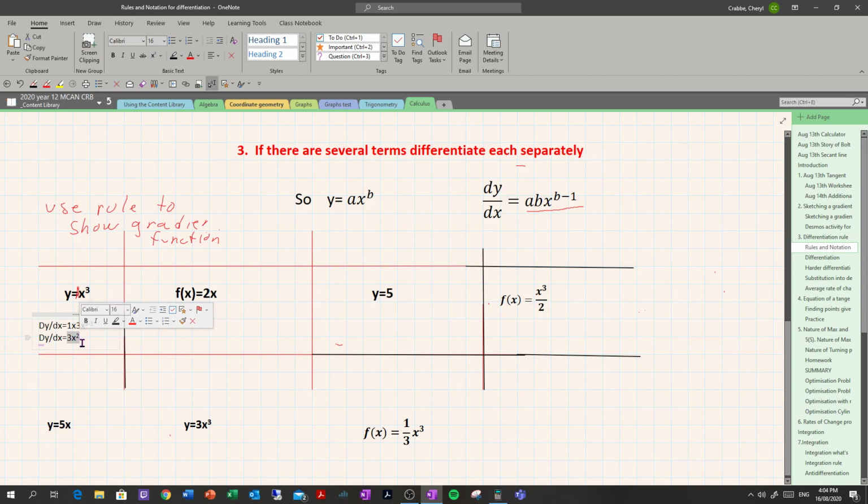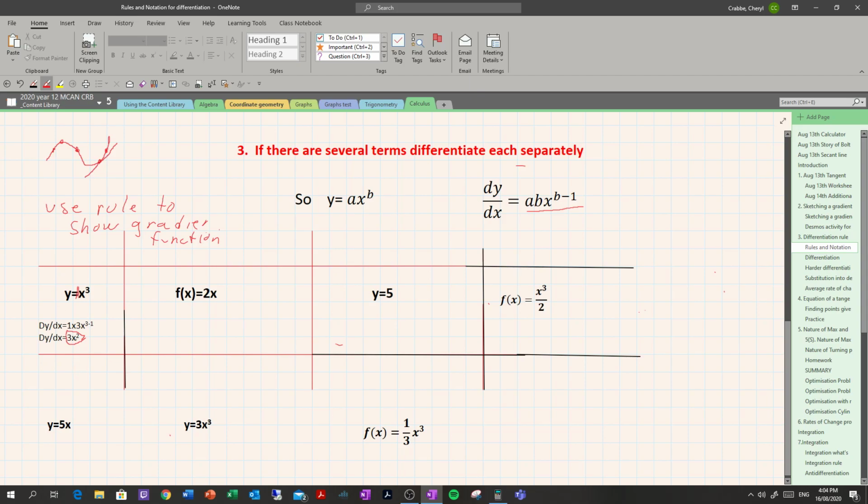That's the rule. So if we want to find the gradient at any point along the curve of x cubed, if we draw the graph of x cubed, which is just a positive cubic, and then we want to find the instantaneous rate of change at any point along that curve, we will use this formula to find the gradient function or the gradient of any tangent at that point.